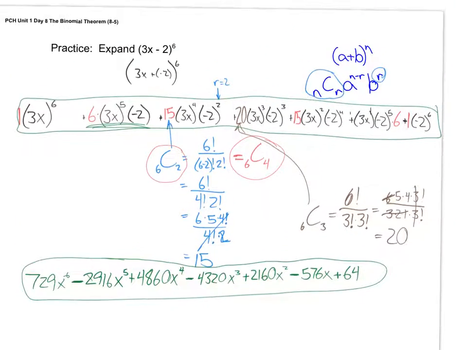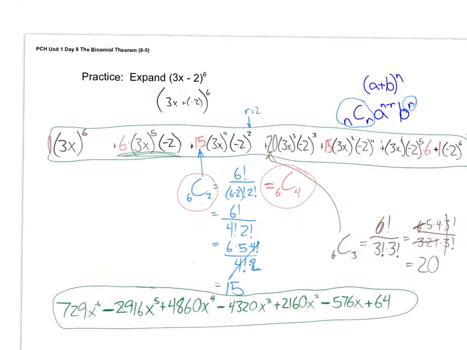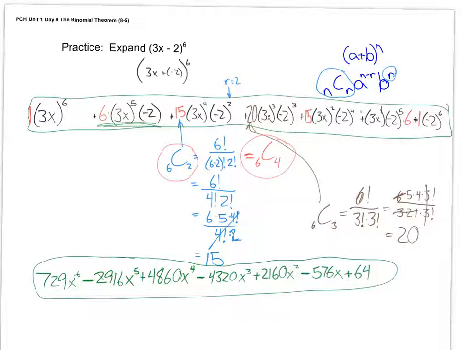Remember up here, the binomial theorem says that each term has this coefficient, n choose r. And remember the formula for n choose r is n factorial over n minus r factorial times r factorial. So that's where the factorials are coming from.